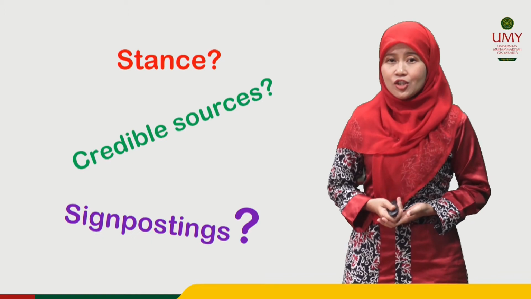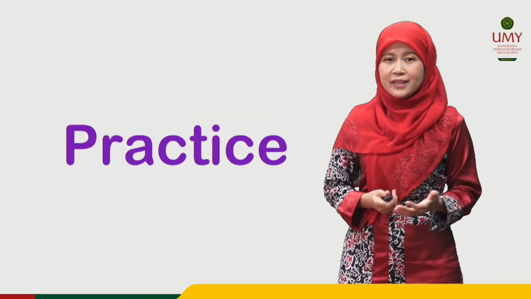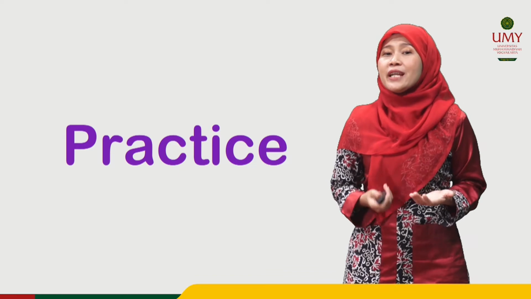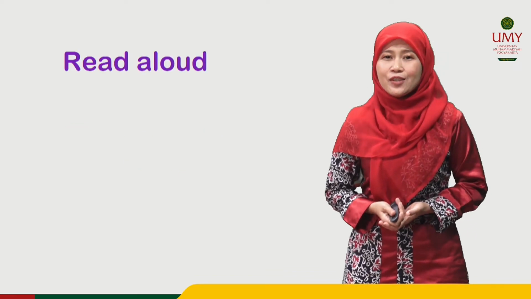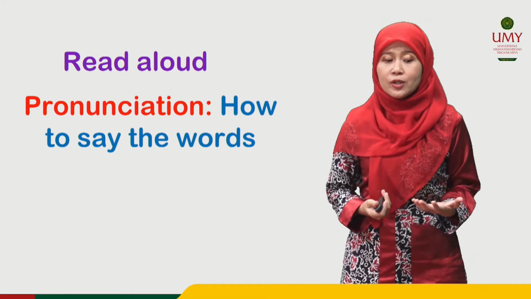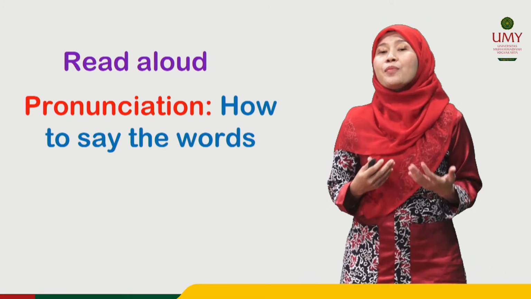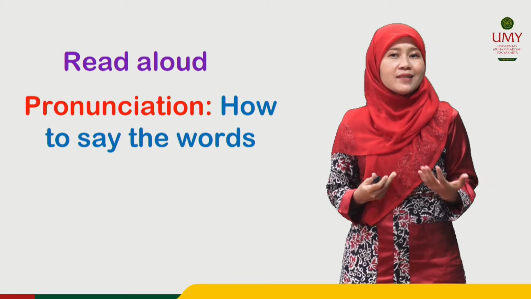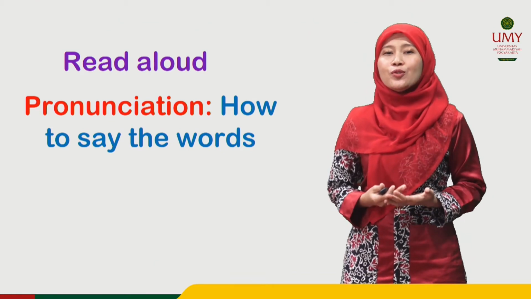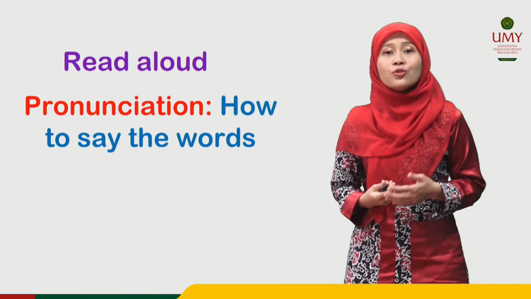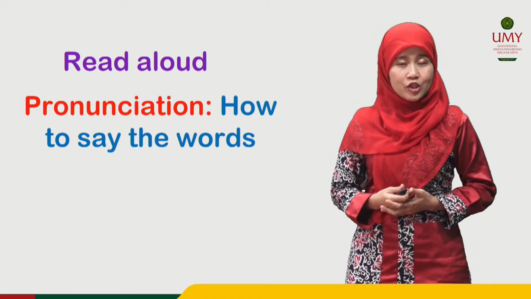The next thing to do is to practice. Read the speech aloud. Doing this will help you pronounce the words correctly. You might want to record it and see how well you do it. You can also use the app in the Word document to see if it detects your pronunciation.